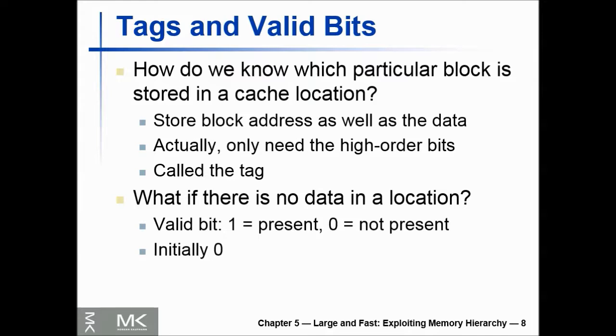The tag needs just to contain the upper portion of the address, corresponding to the bits that are not used as an index into the cache. For example, in the previous figure, we need only have the upper 2 of the 5 address bits in the tag, since the lower 3 bits index field of the address selects the block.